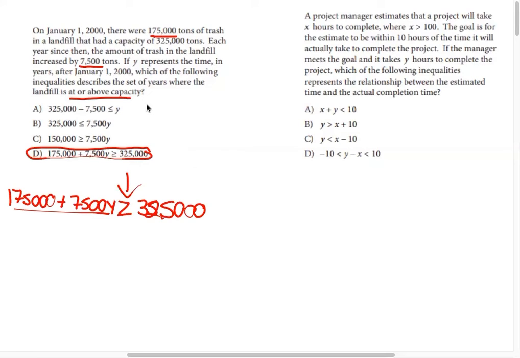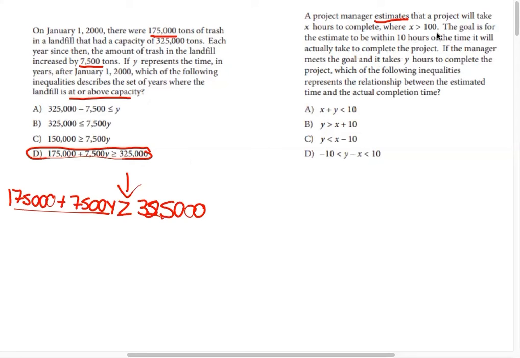And this other one's pretty tricky too. So a project manager estimates that a project will take X hours to complete, where X is bigger than 100. So this is the estimated time, X. The goal is for the estimate to be within 10 hours of the time it will actually take to complete the project.